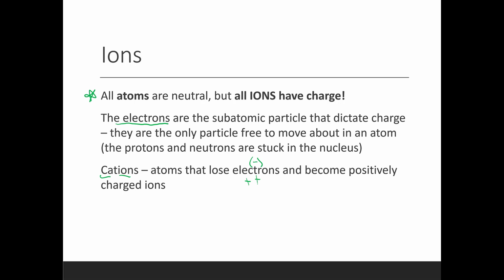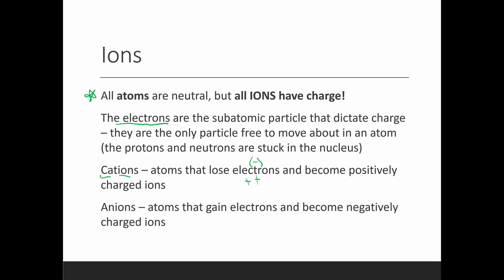All right. So a cation is a positively charged ion because we lost electrons, and an anion, yes, anion, is an atom that gains electrons and therefore becomes negatively charged, right? Electrons are negatively charged, so if we are adding more negative, we get more negative.